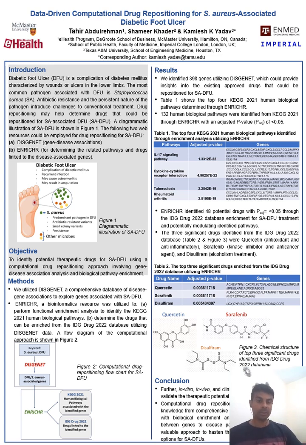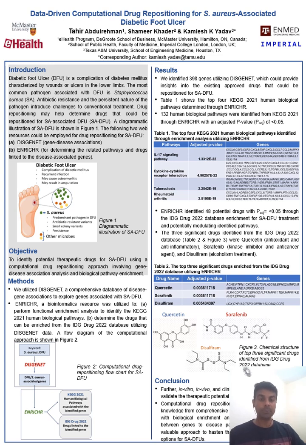So coming to the introduction, diabetic foot ulcer is a complication of diabetes mellitus and is usually characterized by wounds or ulcers in the lower limbs. The most frequent pathogen associated with diabetic foot ulcer is Staphylococcus aureus.